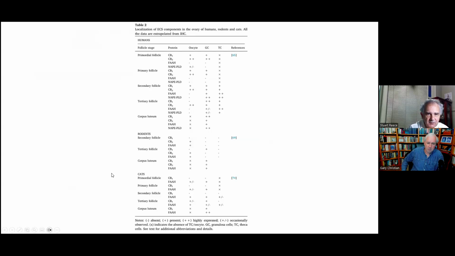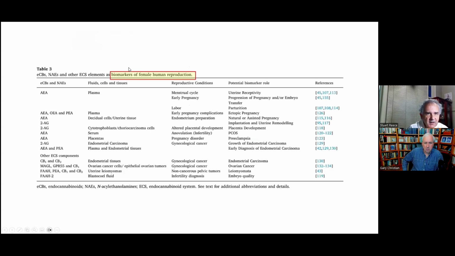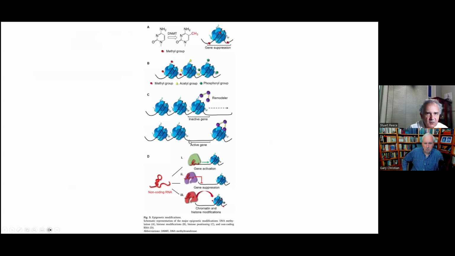These are all the different functions and all the different proteins and the oocyte, the granulosa, and the theca cells here, and all the different ways that cannabis messes up all these different stages in all the species. And they've actually been said to be biomarkers of human female reproduction. These are all the endocannabinoids and all the tissues. And these are the references here. So it's not just one or two researchers. There's a huge literature on all of this.